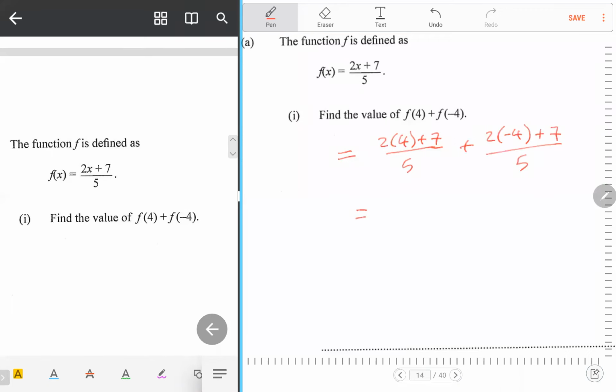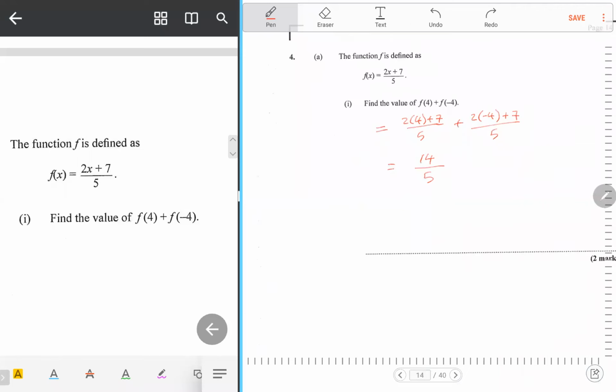See that? Since it's everything over 5, you're going to get 14 over 5. The 8 and the minus 8 wipe out each other. So we're going to have 7 plus 7 over 5. So it's 14 over 5. Nice and easy. Moving right along.